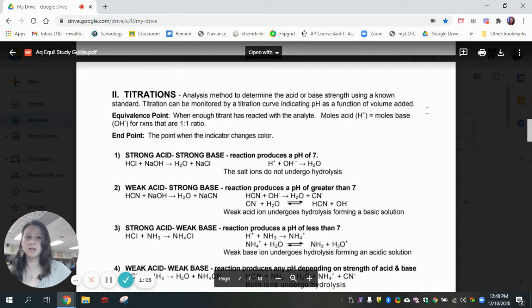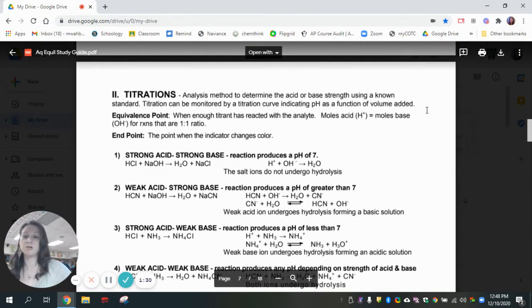Usually we have the base in a burette, so B, base in burette, not always, but usually. And then the acid goes into an Erlenmeyer flask with some kind of indicator. Usually you add the base very, very slowly, drop by drop, until you see a color change, depending on the indicator.